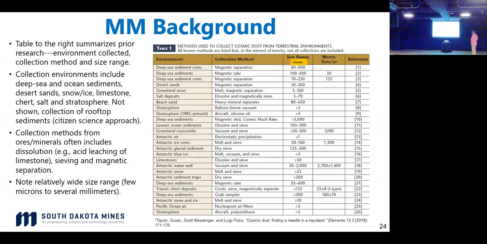Typically from minerals, and this is what Dr. Rogenthien actually had done, they would digest the minerals with an acid, and what's left not dissolved by the acid they would consider as potential micrometeorites. And they're typically spherical because of the way in which they fall to Earth.